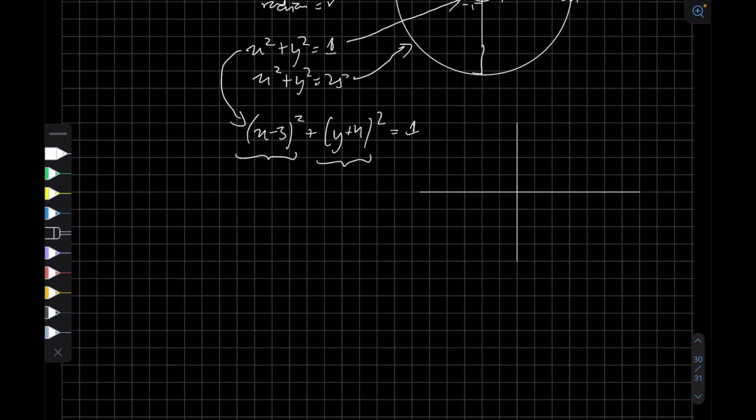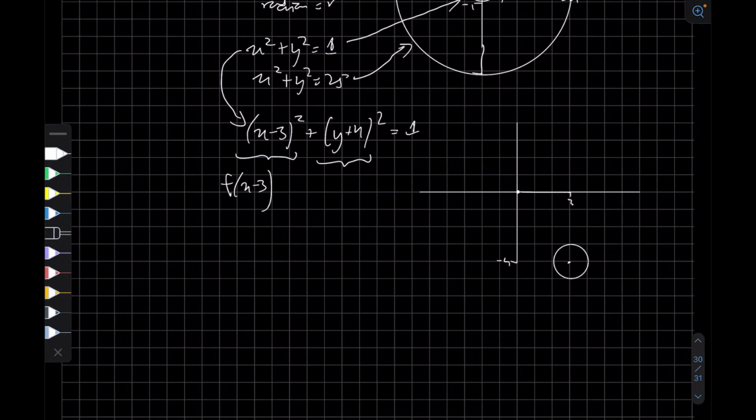We see that the center is now shifted from the origin to 3 units to the right, 3 over here, and 4 units down over here, and so this is our center and this will be my circle. This is the same argument as that of f of x minus 3. You will need 3 more of x than before, and you will need 4 less of y than before to satisfy the same equality.